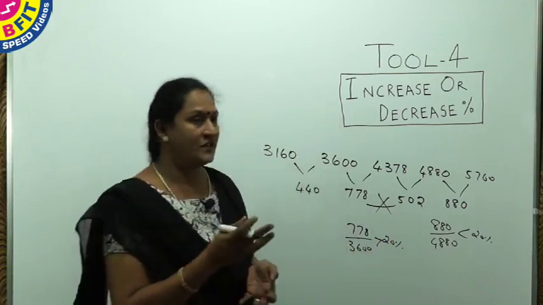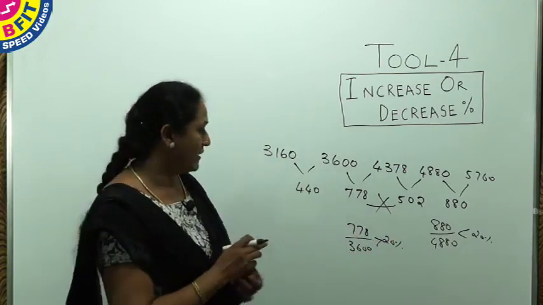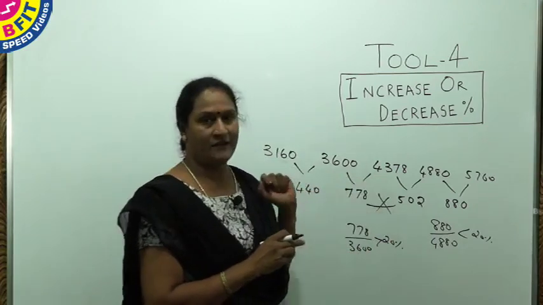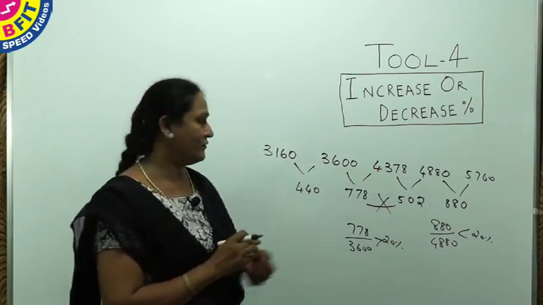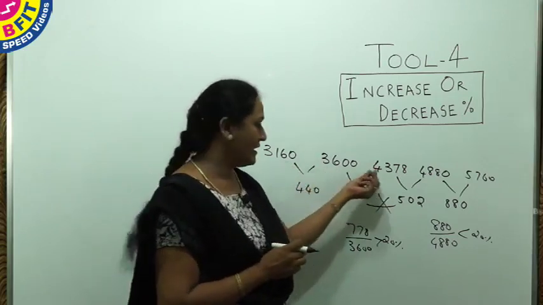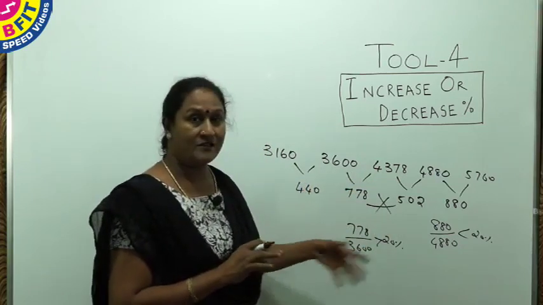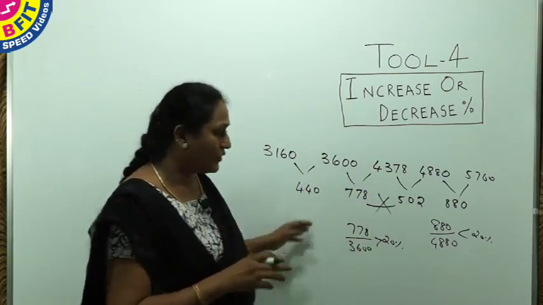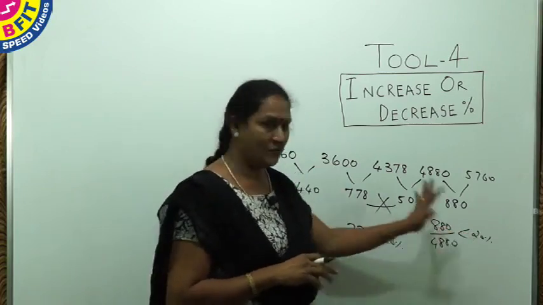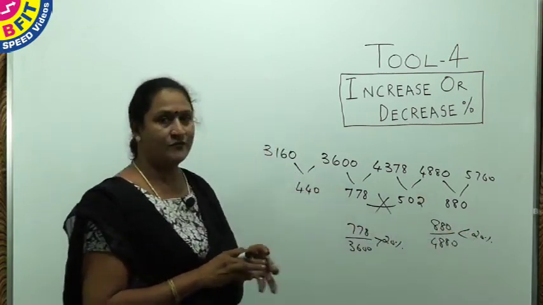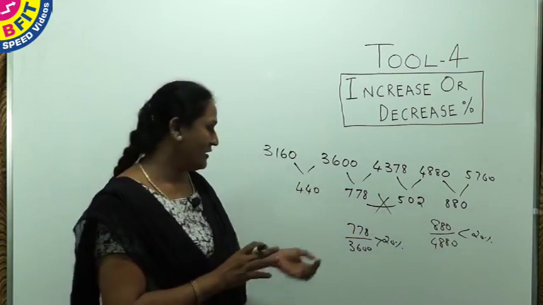Now for which year is the increase higher? It is 2011. From 3600 it has increased to 4378, so the percentage increase is more than 20%. For all other years, it is less than 20%. So the answer is the year 2011.